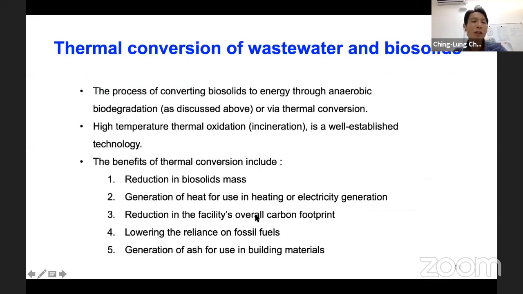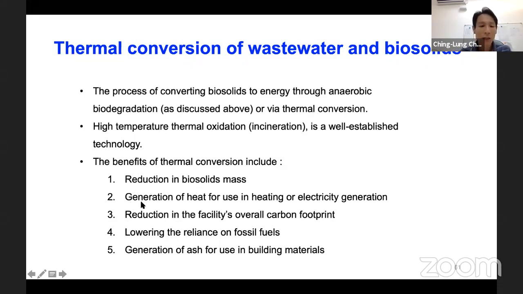Okay, and then this is the thermal conversion of wastewater and biosolid. It is the process of converting biosolid to energy through thermal conversion. High temperature thermal oxidation is a well-established technology. Okay, there are some benefits. The first one is reduction in biosolid.